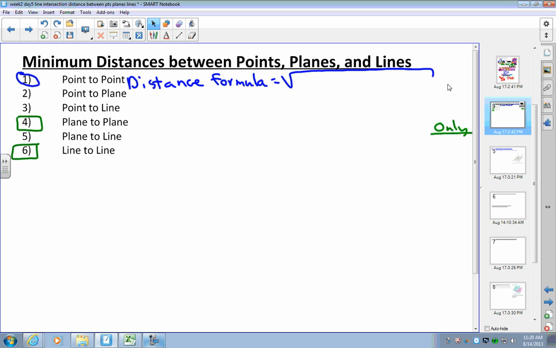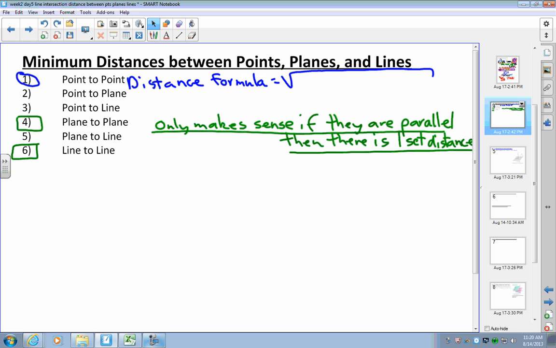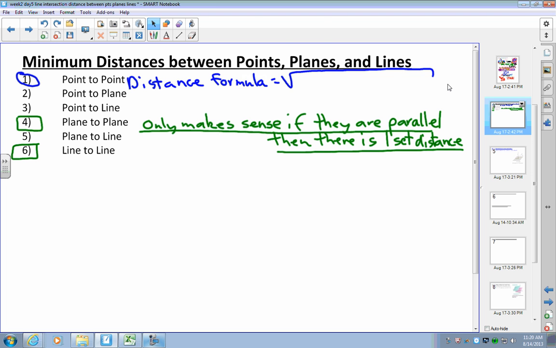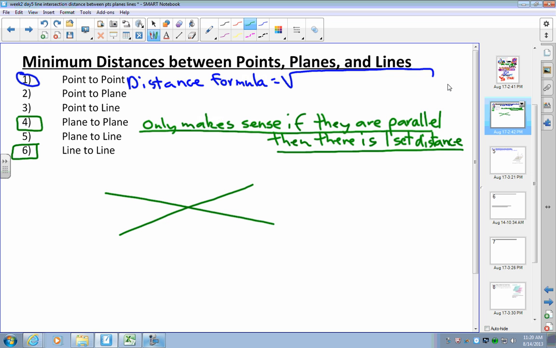Okay. And then 4 and 6, they don't make sense all the time. They would only make sense if they are parallel, then there is one set distance. But imagine, think of that as 2 lines, or if you pop it out and it's coming right at you, those are 2 planes. What distance are you asking for if I ask you to find the minimum distance between them?